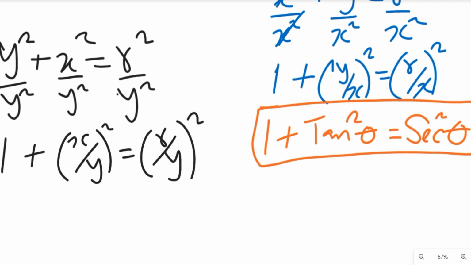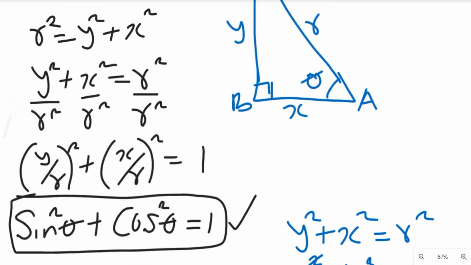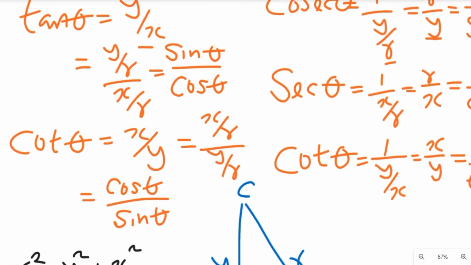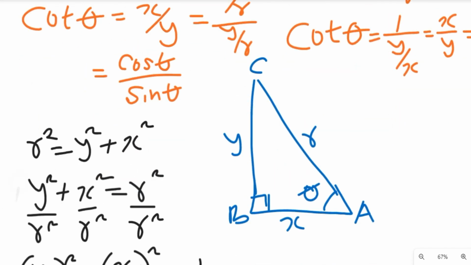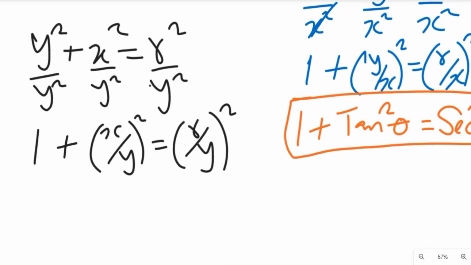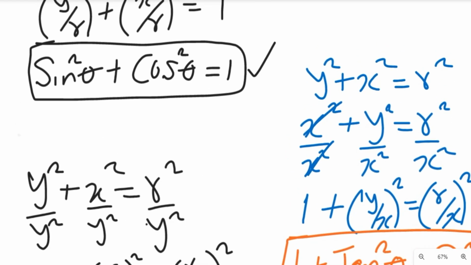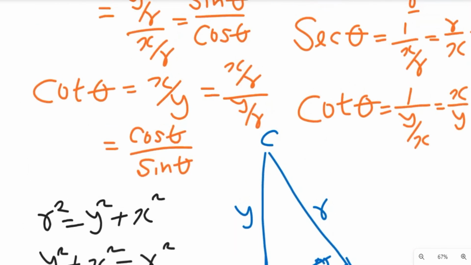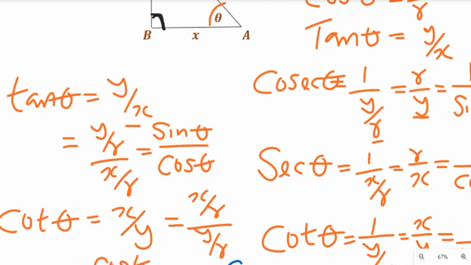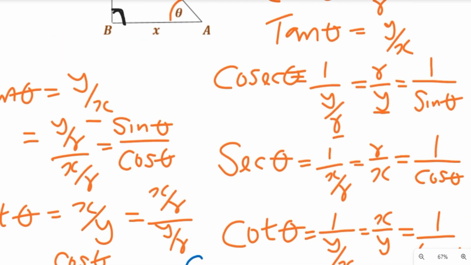Now let's go back to our trig functions. Where do we have x divided by y? This is it. We have it under this. Cot theta is x divided by y. So the next one is r divided by y. Where do we have r divided by y? This is it over here. So cosec theta is r divided by y.